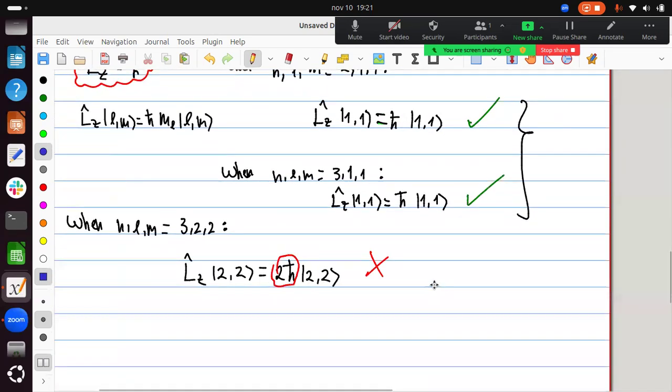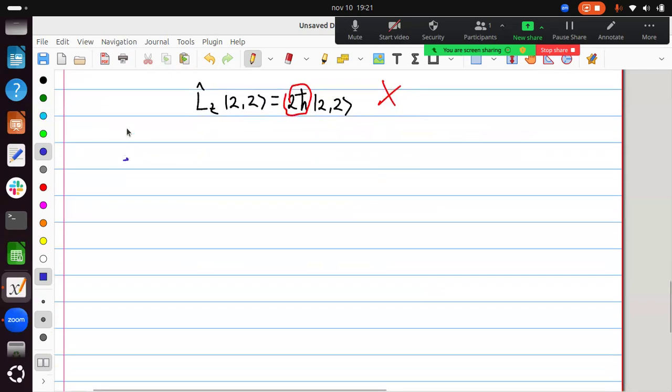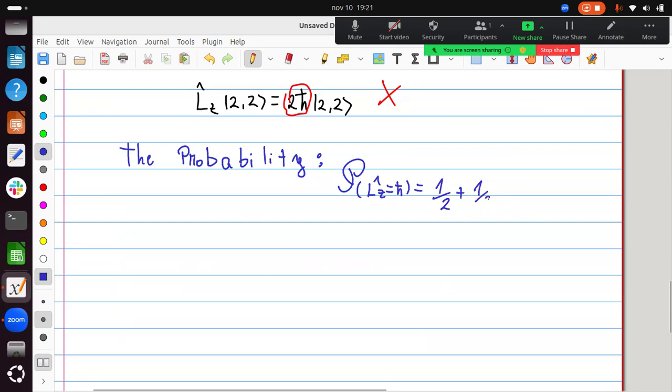So the probability of measuring Lz equal to h bar will be just 1/2 plus 1/3.